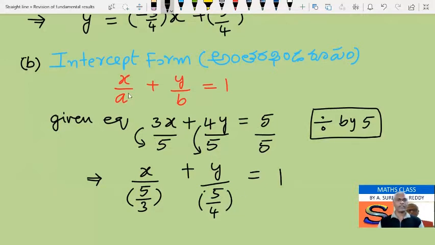Now it is in the form of intercept form, x by a plus y by b is equal to 1, where the x denominator 5 by 3 is the a value, that is x intercept, and the y denominator 5 by 4 is the y intercept.